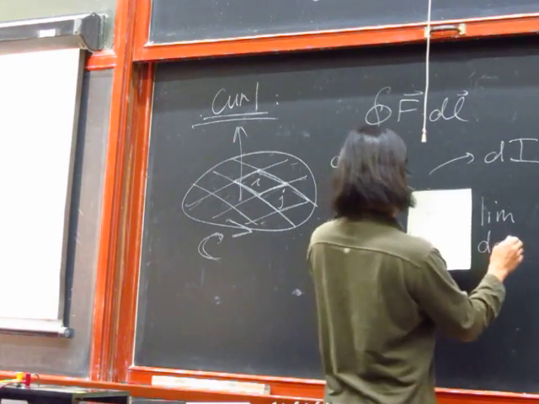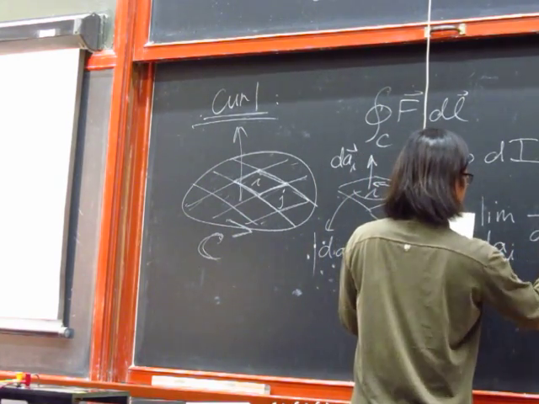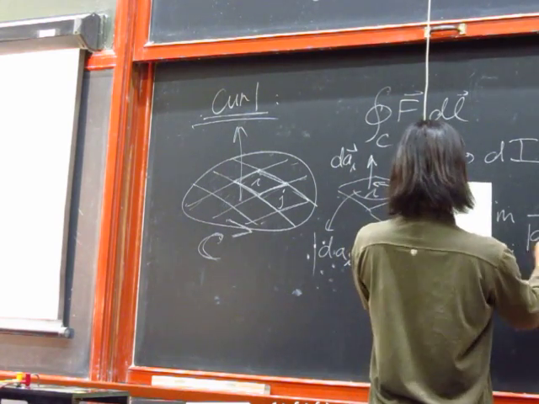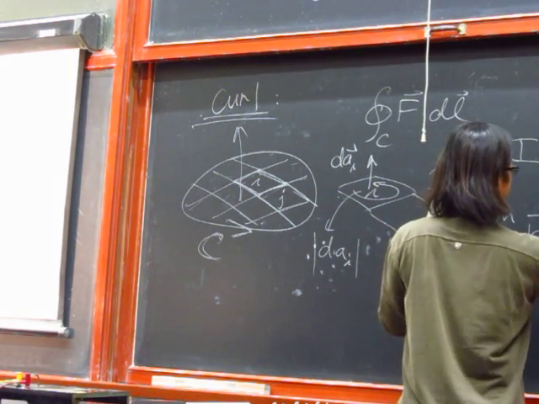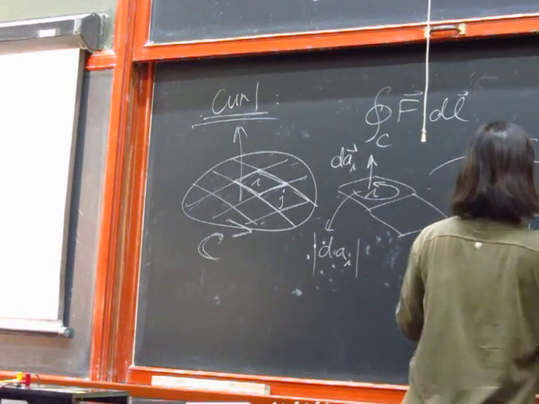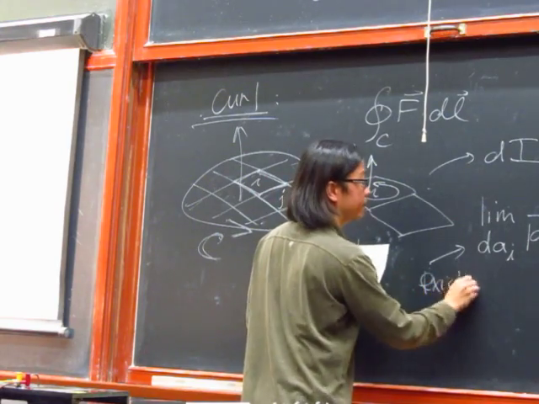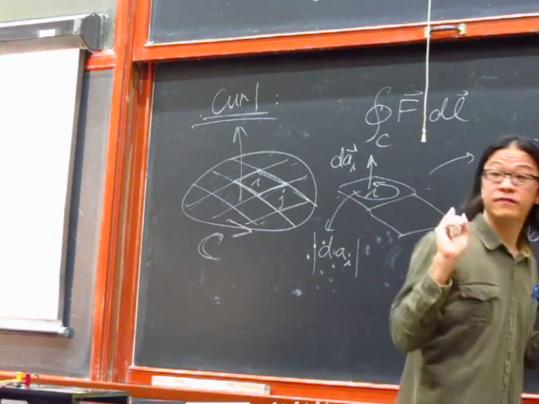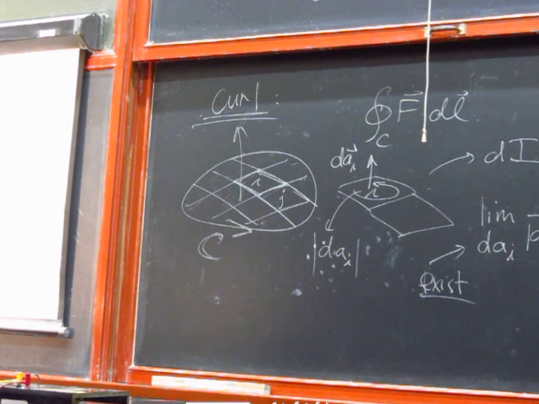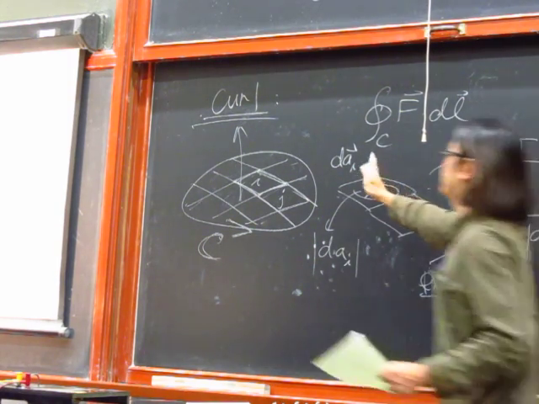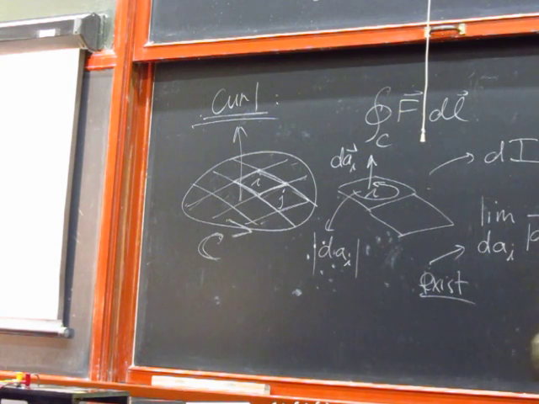The limit of 1 over dAi, just the magnitude, times the integral of F over Ci dl, this limit exists, and it's defined as the curl of F, projected in the direction perpendicular to the area.